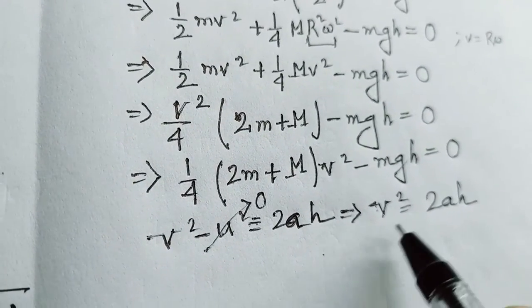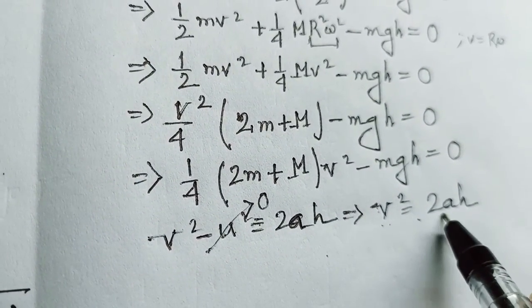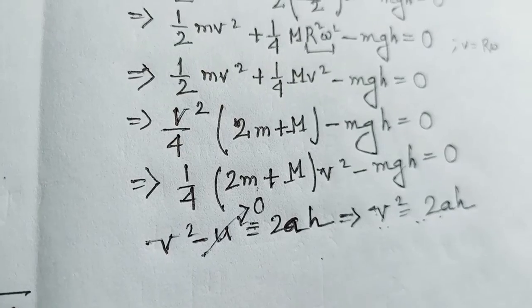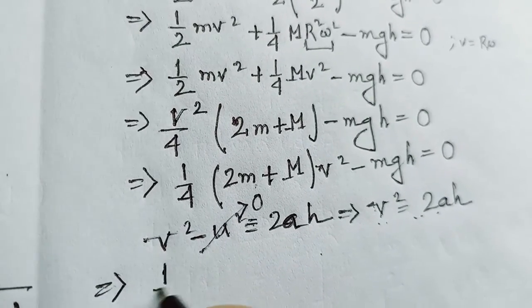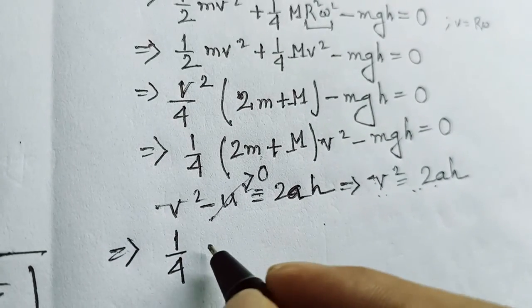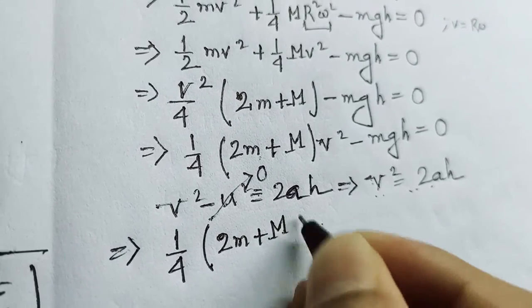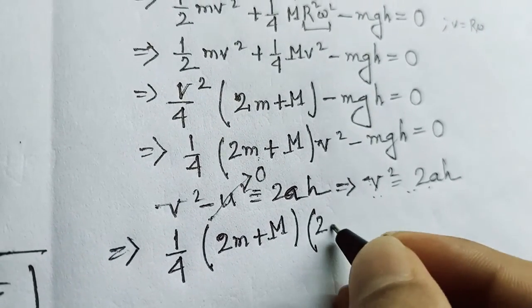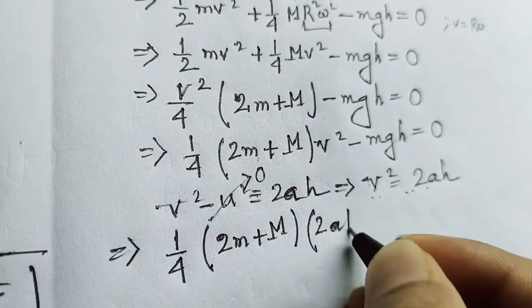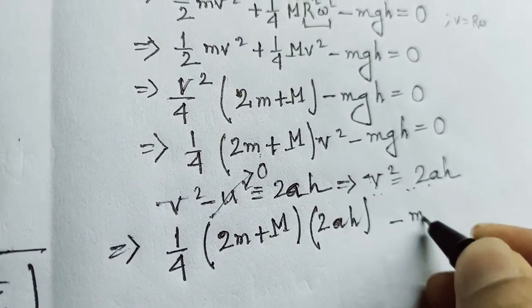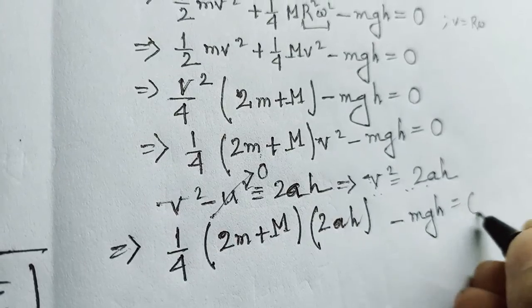So we will substitute the value of v square as 2ah in this equation. After that our equation becomes 1 by 4 into 2m plus capital M into 2ah, minus mgh is equal to 0.